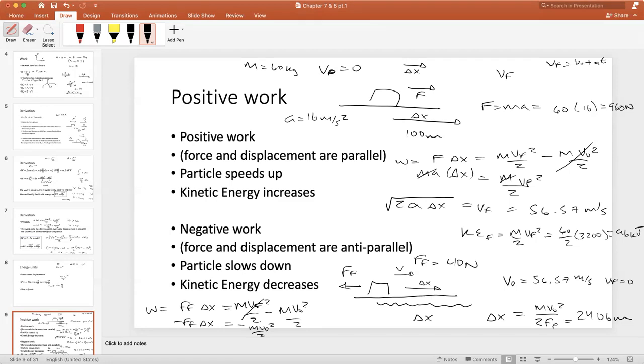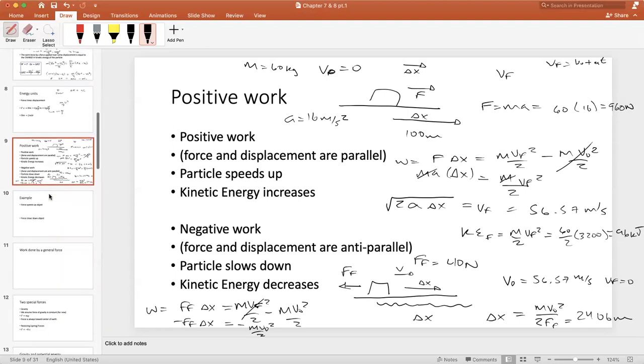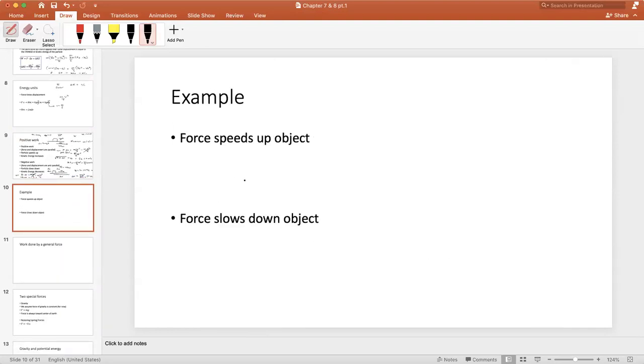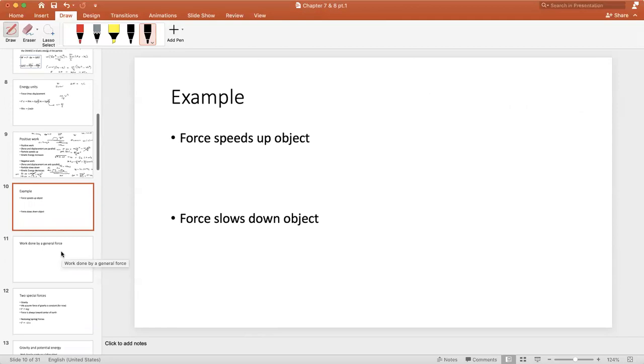Applying a force in the opposite direction that the object's traveling slows it down. That's pretty obvious, right? Pretty easy to understand. Well, it turns out there's a lot of subtleties. I did these on the previous page, so I'm going to skip that. Sorry, got a little ahead of myself.